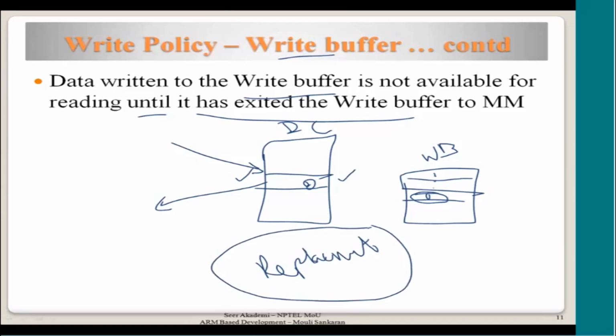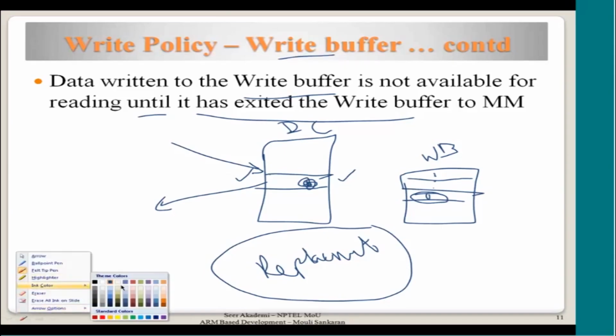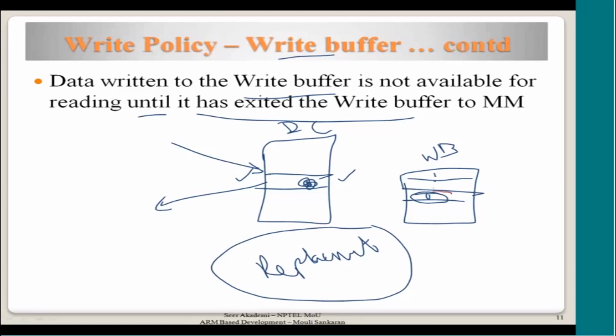So there is a possibility that this particular cache entry is evicted. In the sense, it was actually written into the write buffer when it was in the cache, and then because of the replacement policy, some other data was supposed to come and this is deleted.